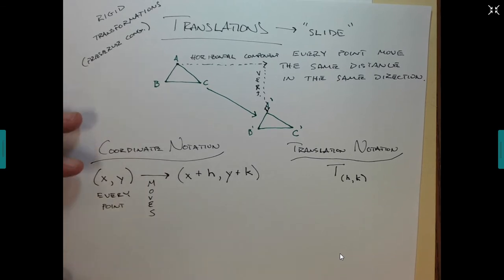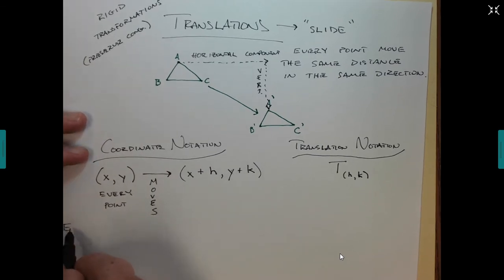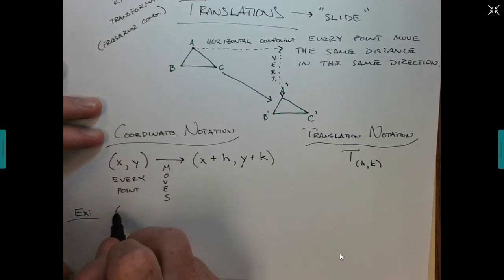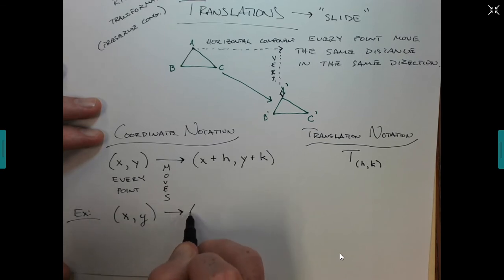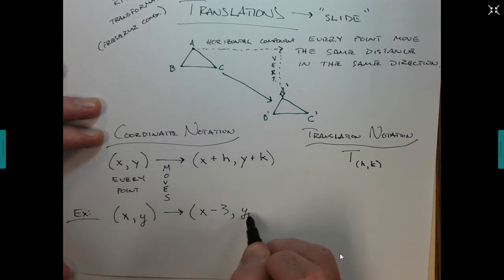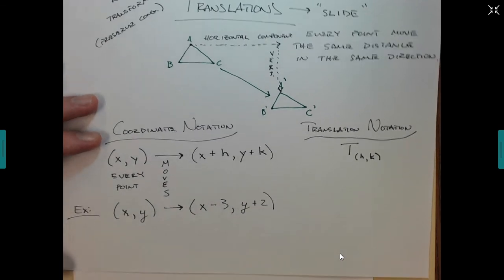So an example would be every point moves. Let's say I said x minus 3 and y plus 2.